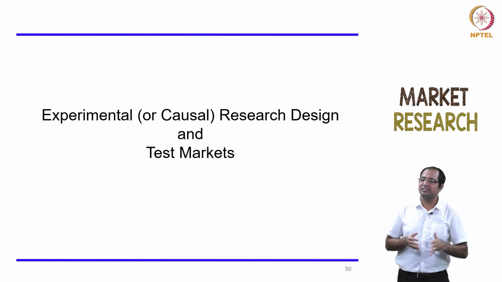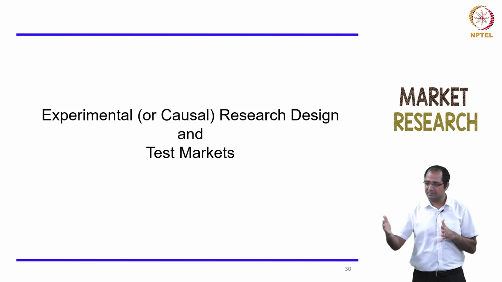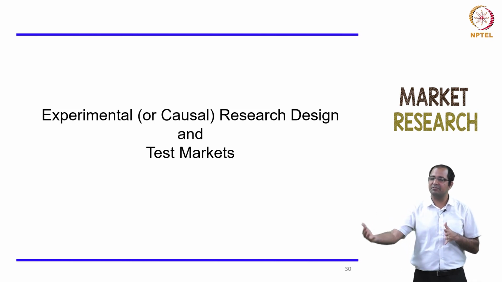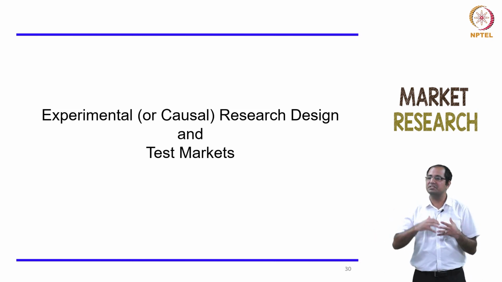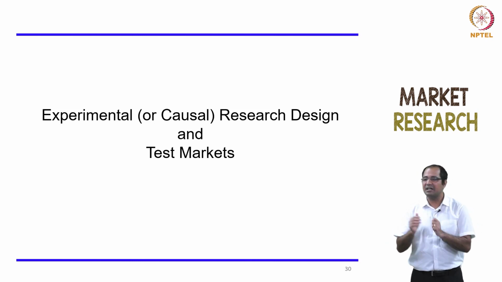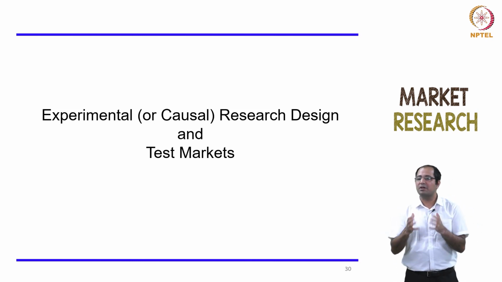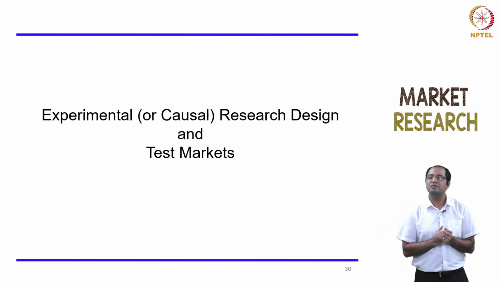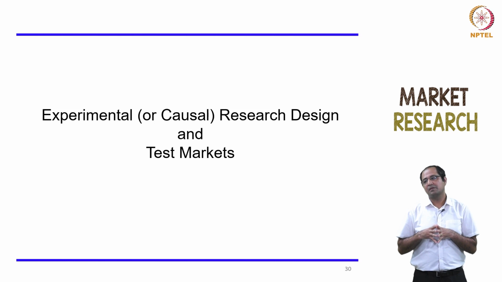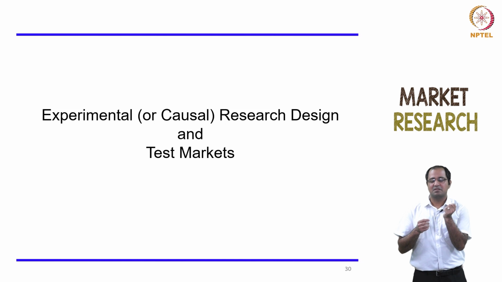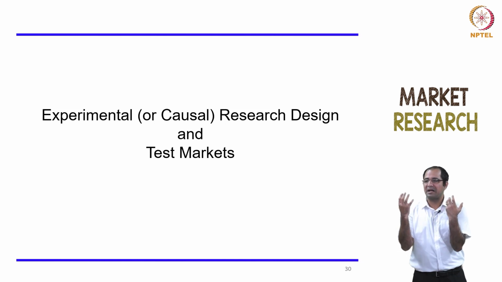And bad experiments result in bad inferences and therefore losses, whereas good experiments result in good inferences, and one can actually work on those results to improve the problem. Even something as simple as, let's say, a packaging, a brand is there.